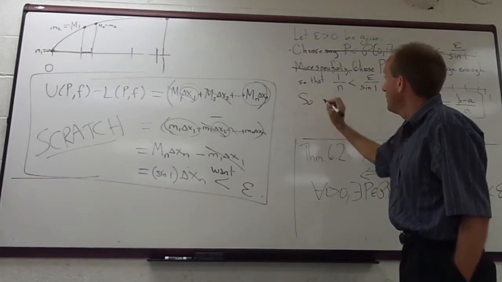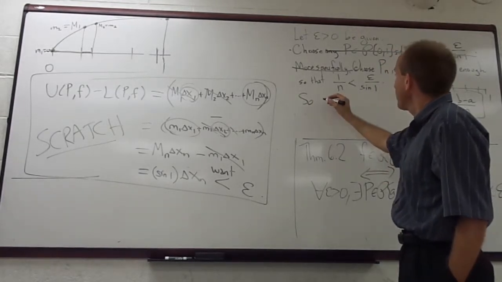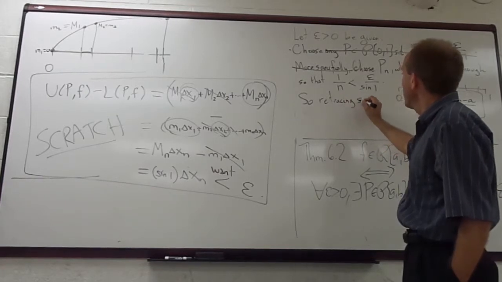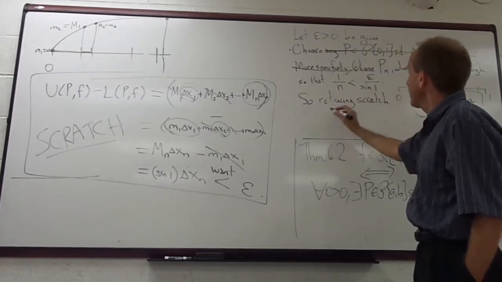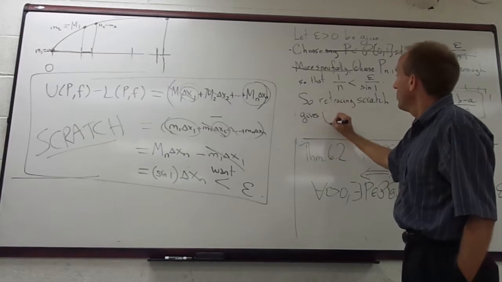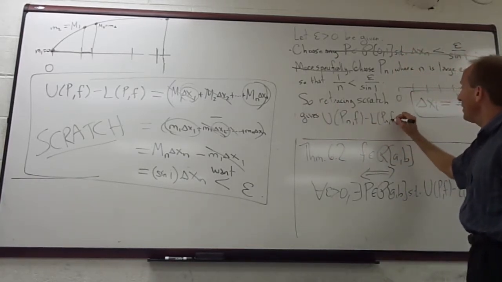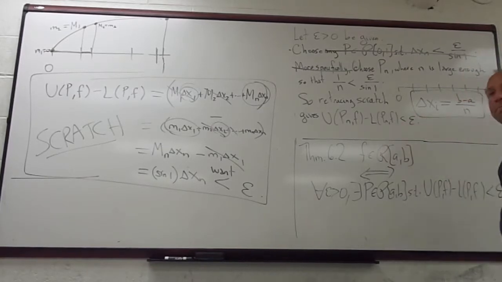So, retracing the scratch work gives U of P_n f minus L of P_n f less than epsilon. Okay, so that's a good strategy to use there.